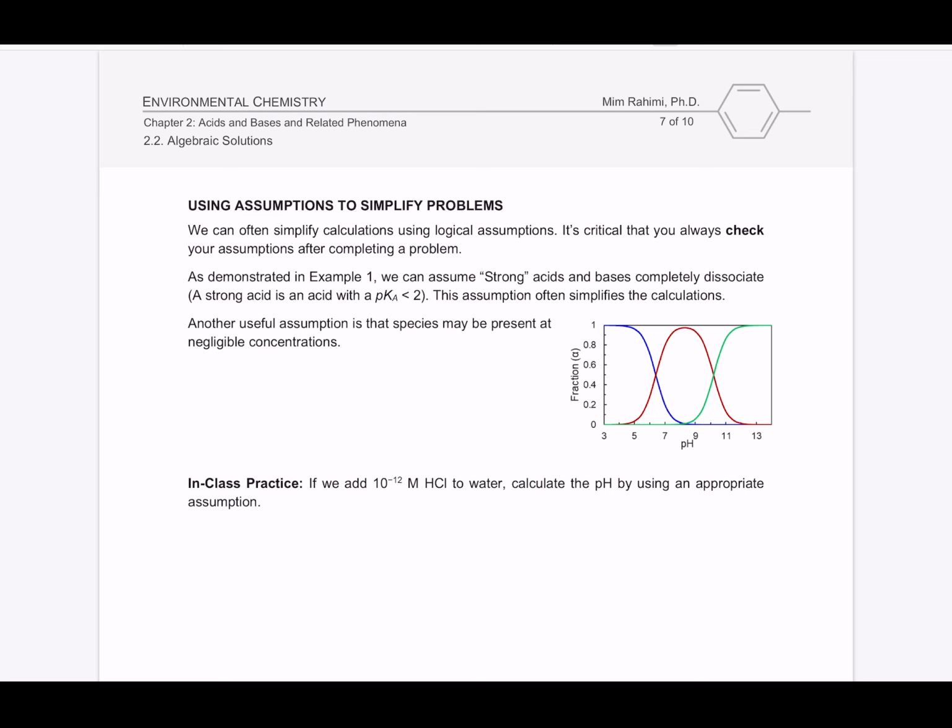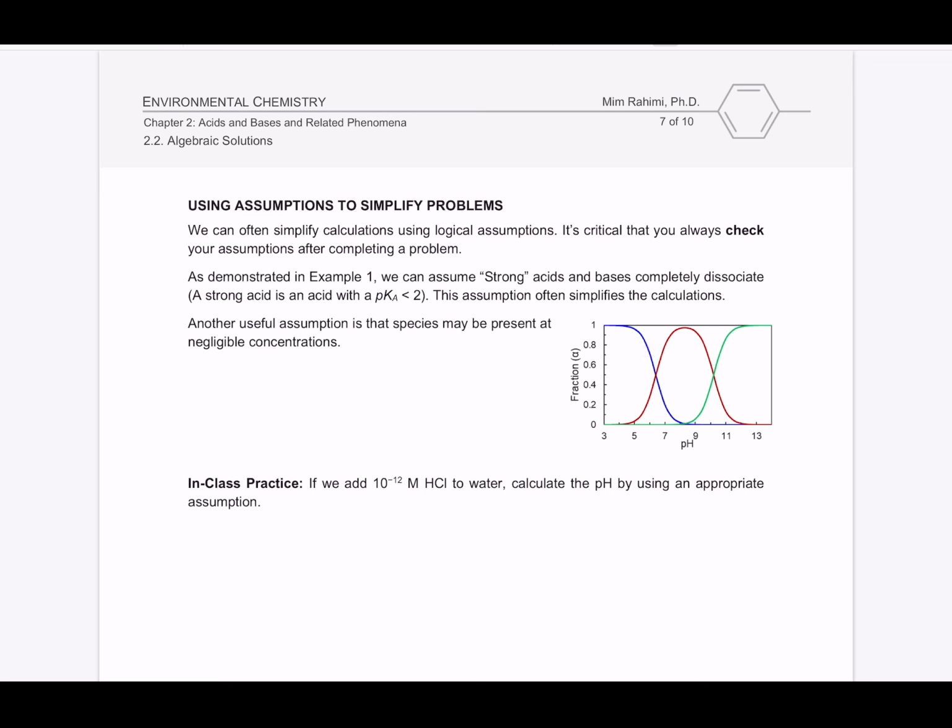For example, here it's the alpha versus pH for a diprotic acid, carbonic acid specifically. So let's say we are at a pH of 3, then the concentration is mostly dominated by this blue line. When we get to here, the concentration is either blue or red, but there's no green.